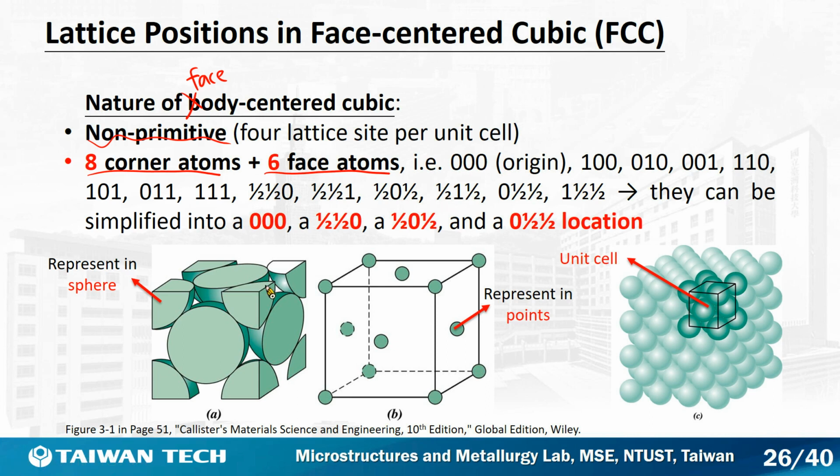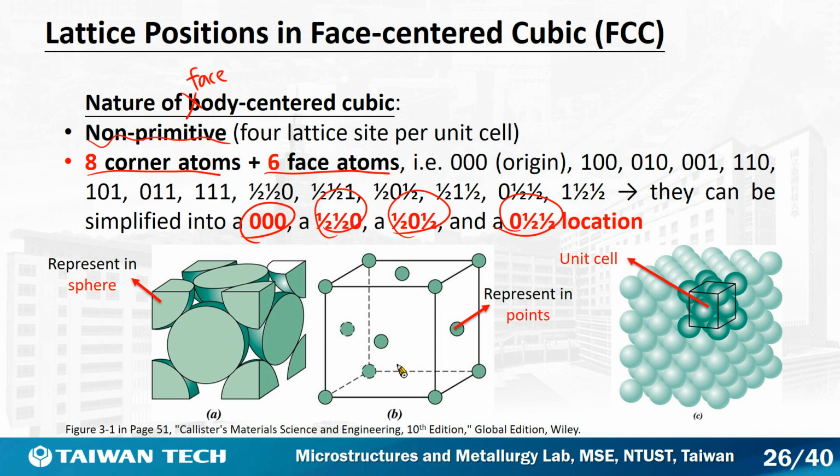So we can try to use point indices for these 8 points and these 6 face atoms. After writing all of this, we can simplify them into 4 groups: corner atom, face atom 1, face atom 2, and face atom 3.